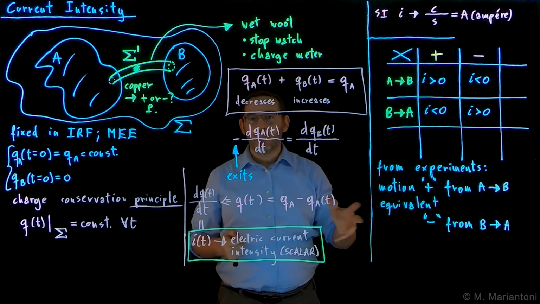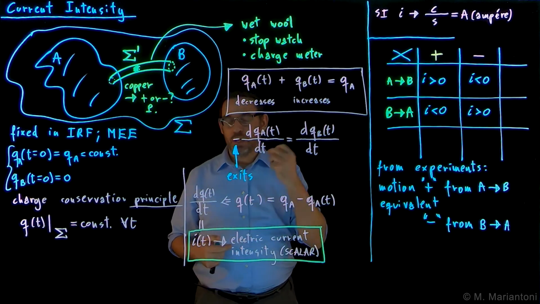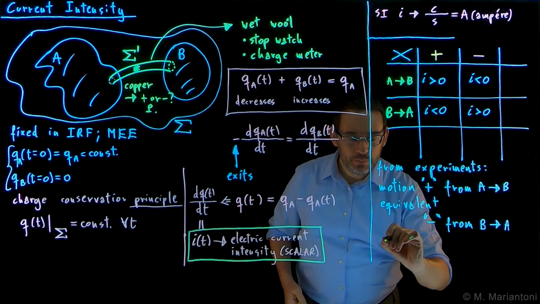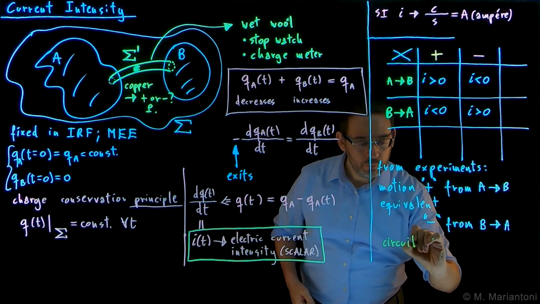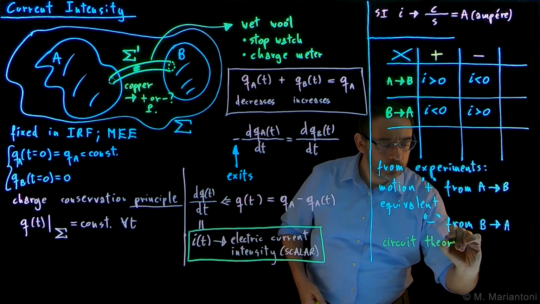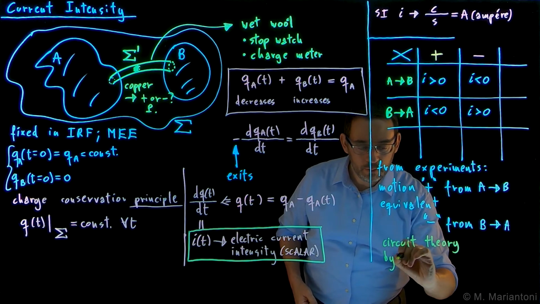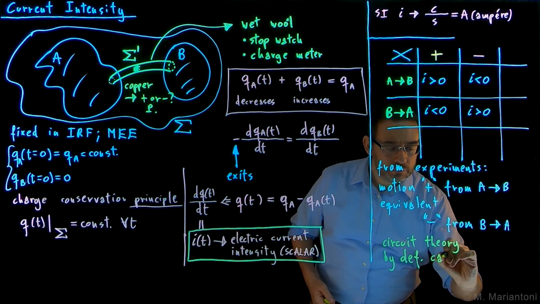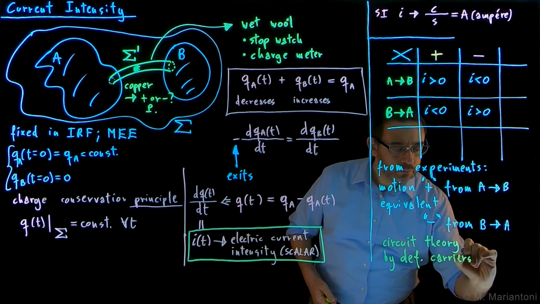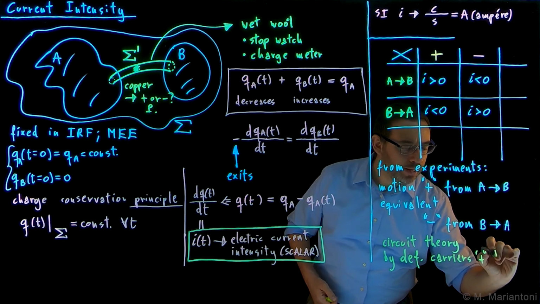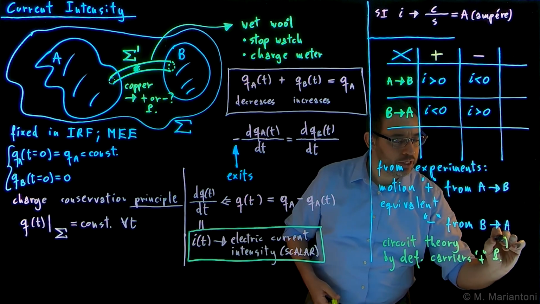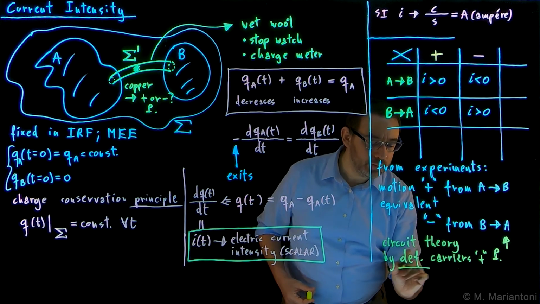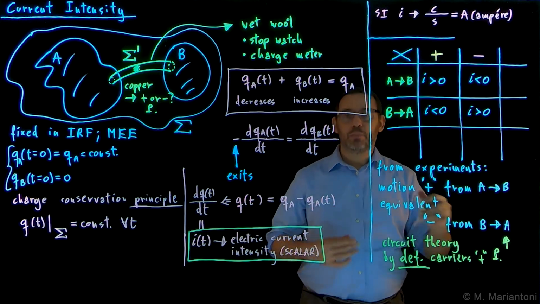Because in circuit theory, by definition, it is a convention if you want, we assume that the carriers are always positive. So I ask you to discuss on Piazza how this is relevant to this kind of definition, and why we can always do that in this model.